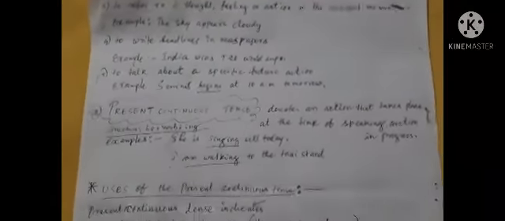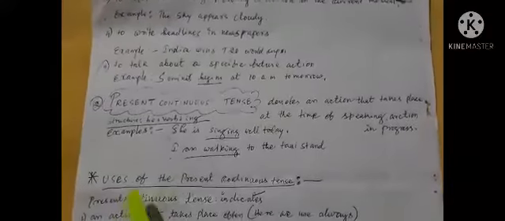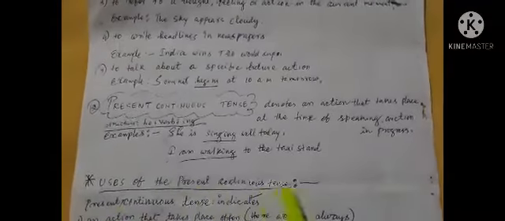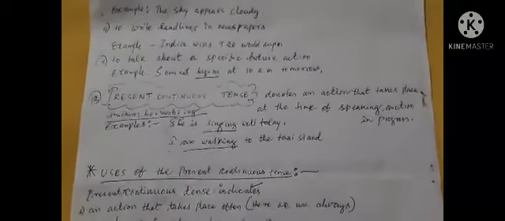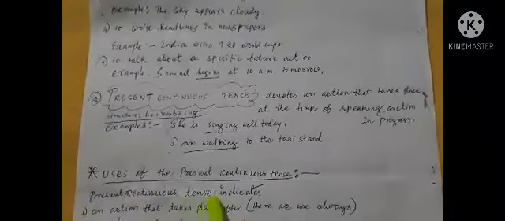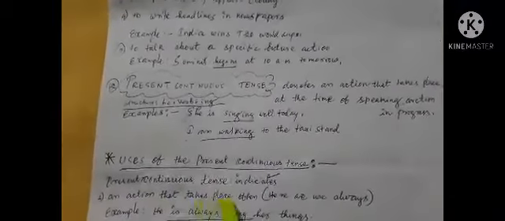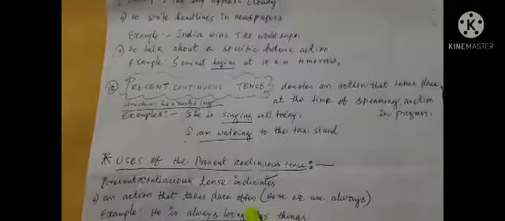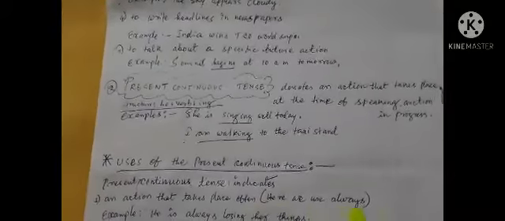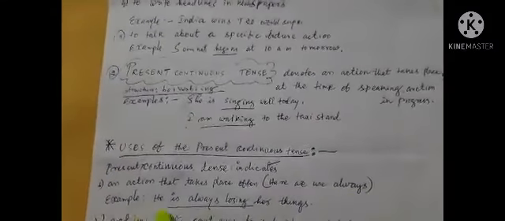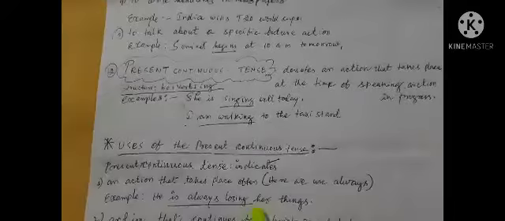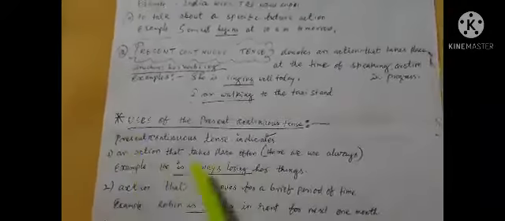Okay. Now let us see uses of the present continuous tense. Present continuous tense indicates an action that takes place often. Here we use always. For example, he is always losing her things.